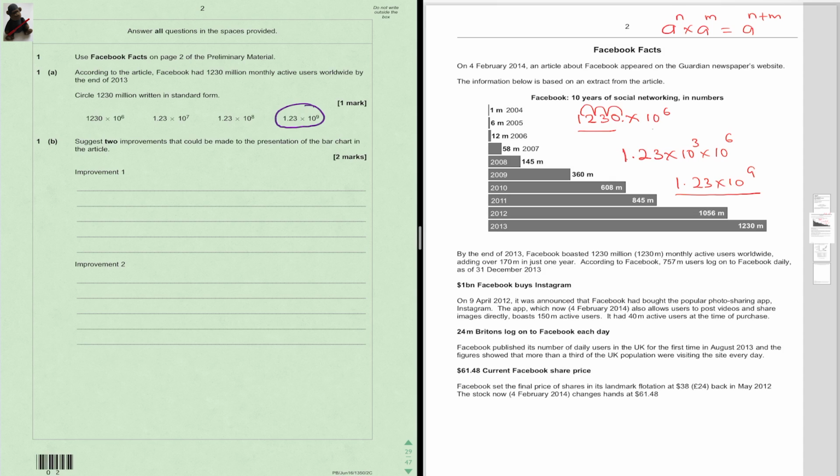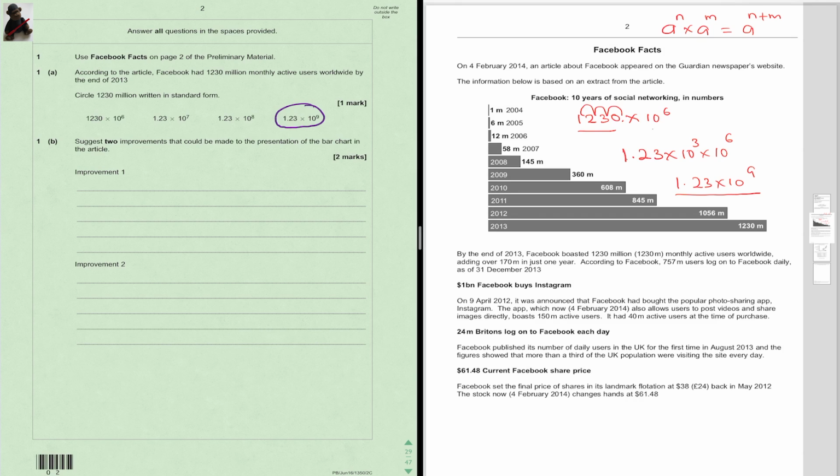Question 1b. Suggest 2 improvements that could be made to the presentation of the bar chart in the article. So the article here is on the right hand side, and 2 improvements that could be made. Improvement 1.